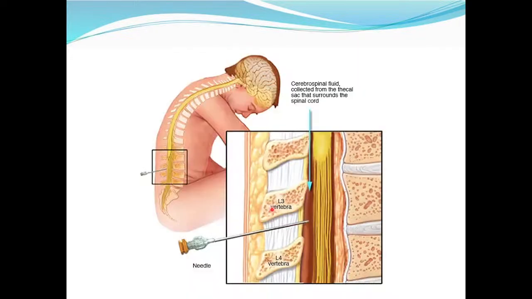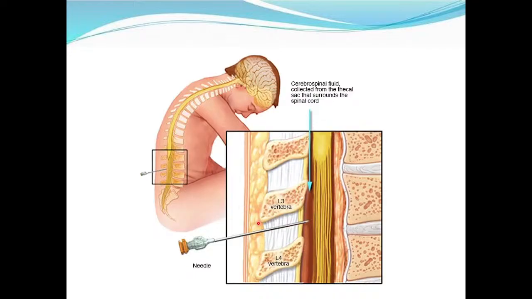You all know that we can perform it in the sitting position or in bed under sterile precautions. The lumbar puncture needle is entered in the subarachnoid space, usually at the level of L3-4.